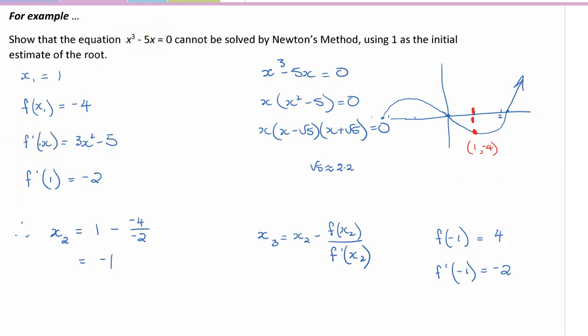I found the derivative, because you need the derivative in Newton's method, which will be 3x squared minus 5, and found the derivative or the gradient at 1 to be minus 2. Then I put it into this formula, that the new estimate is the previous estimate minus the function value over the gradient. And that then threw me down to x is -1.